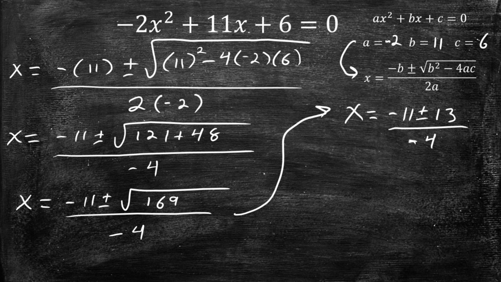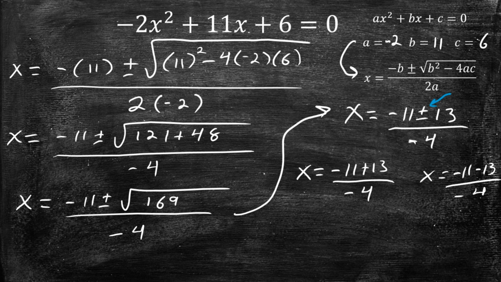You can see there's a plus or minus sign, so we're going to separate this into two different equations. You got x is equal to negative 11 plus 13 divided by negative 4, and x is equal to negative 11 minus 13 all over negative 4.